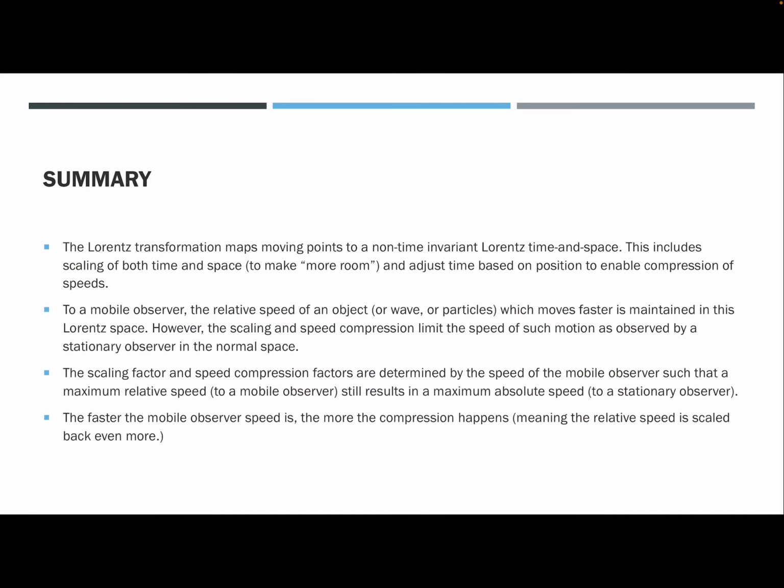Now, summary. The Lorentz transformation basically maps moving points. And we don't talk about dimension. It is done to enable compression of speed.